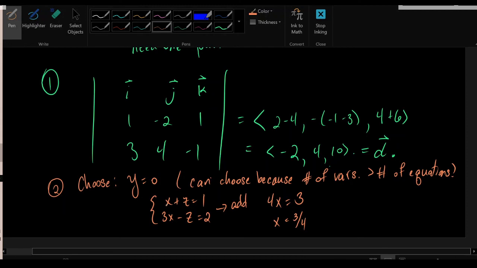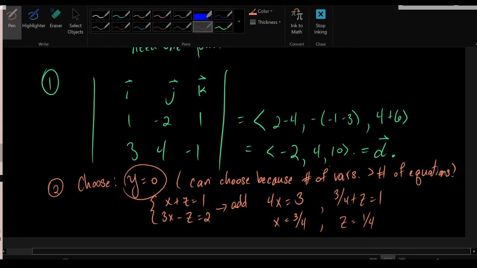And if I use that information together with this first equation, then I get x plus z, so 3/4 plus z equals 1, which implies that z is equal to 1/4. And we made the decision that y would be 0.